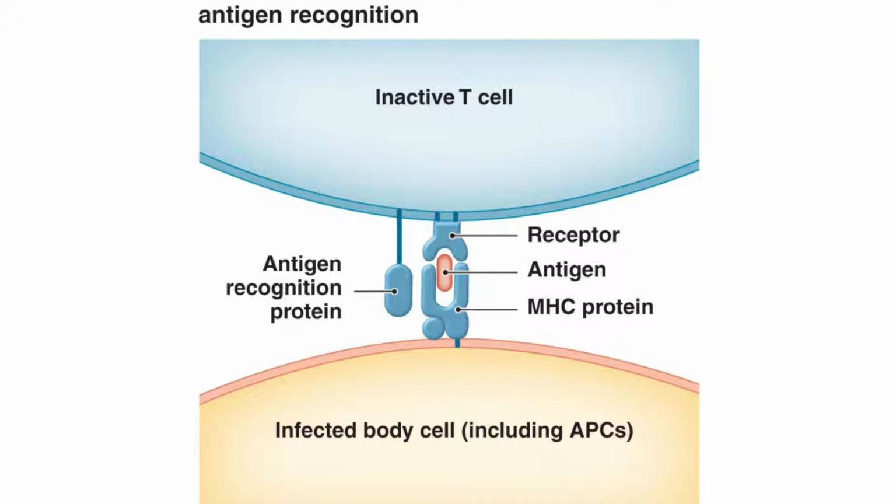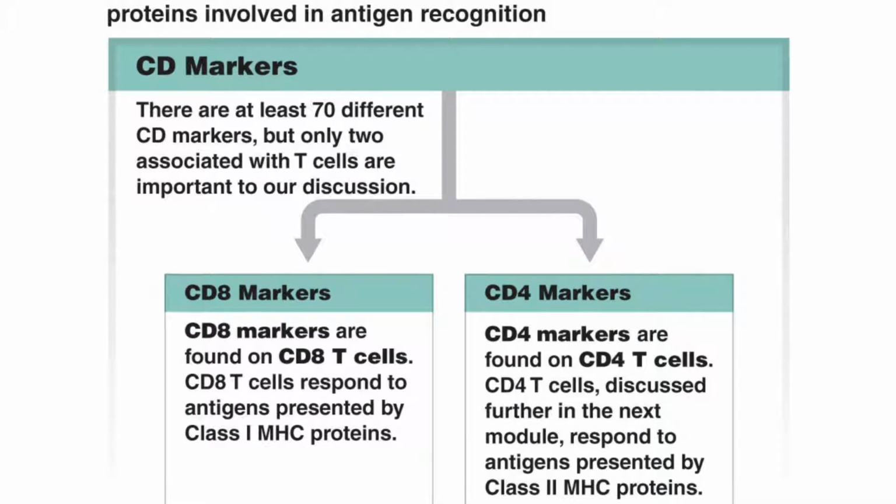So T cells have receptors that recognize class 1 or 2 MHC proteins and a specific antigen. And that's what we see here. And that's how this cell is going to be activated. So antigen recognition: if the T cell recognizes the antigen, it will bind to the infected cell.